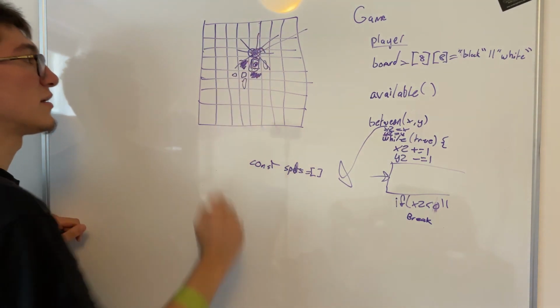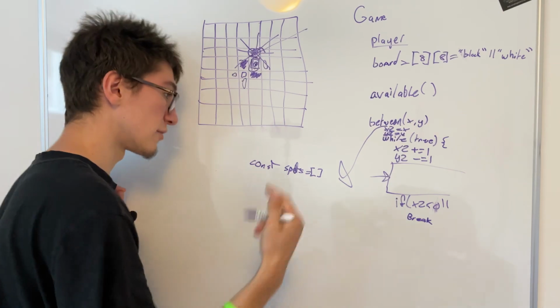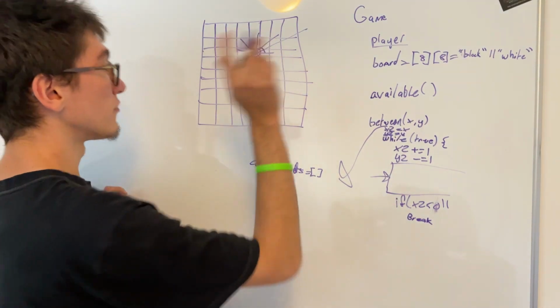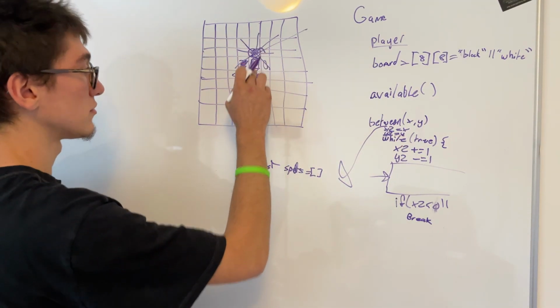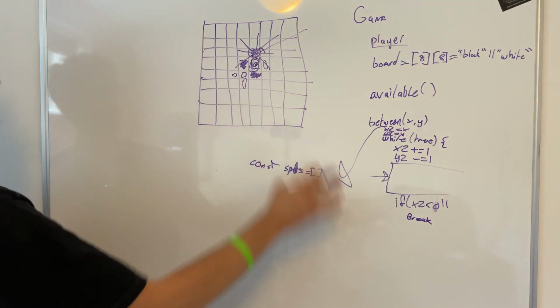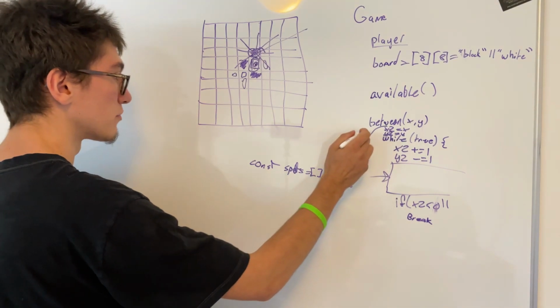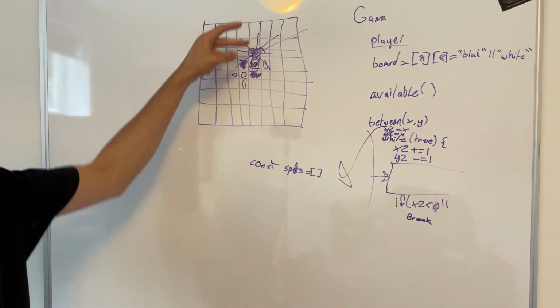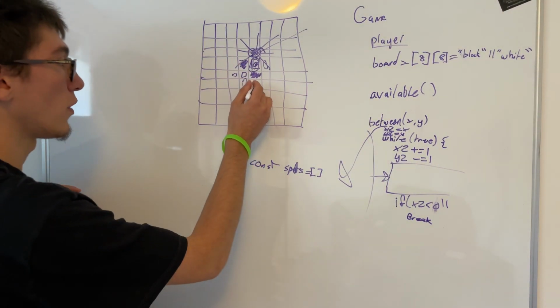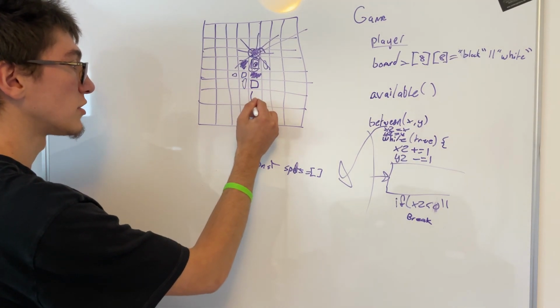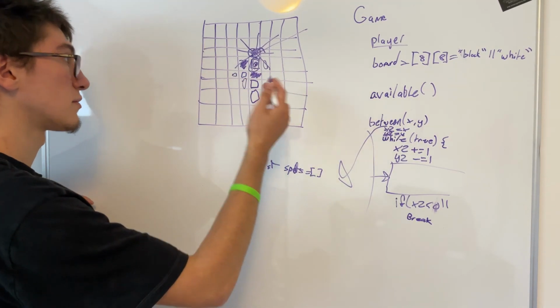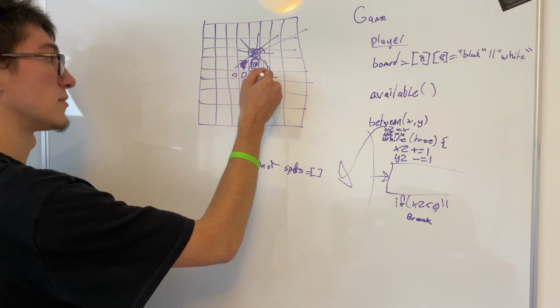Okay, I find a cell that is a different color than the current player, right? So first things first, if I find a cell that has the same color as the player, then I need to break this loop. Because let's say there's white over here, I'm not going to flip over these two, right? I'm stopping after this one.